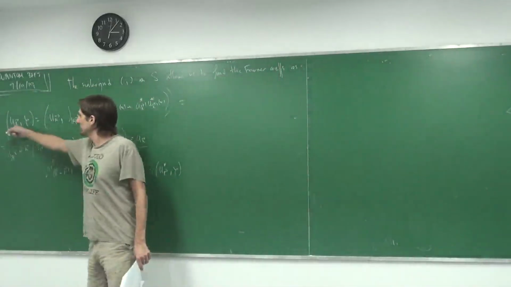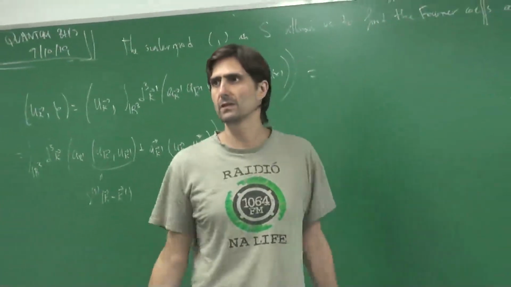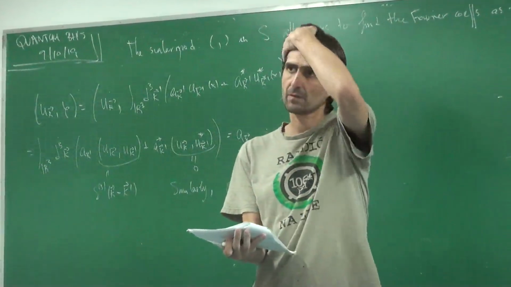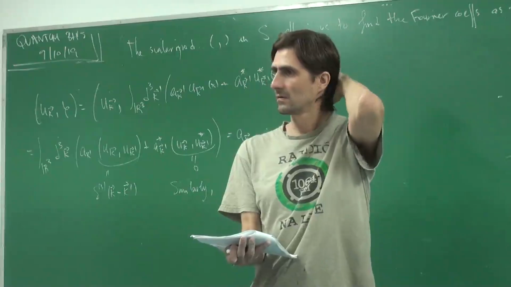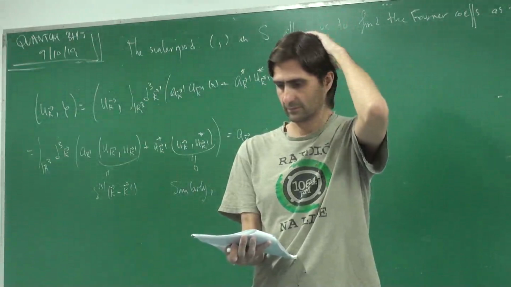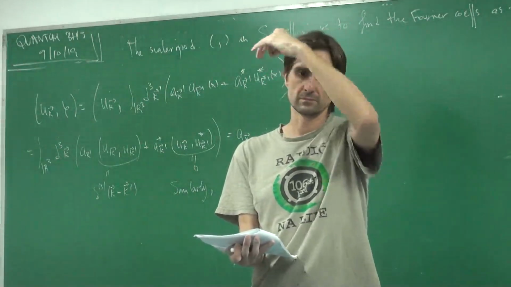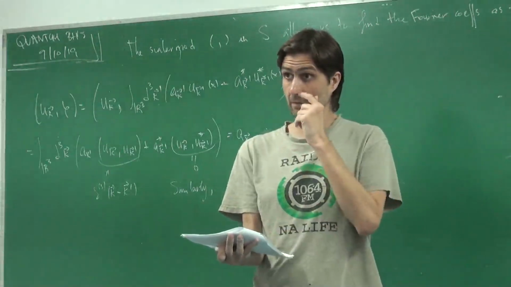Is this complete set, the complete set that's formed by the u_k's, is that unique? Why not?